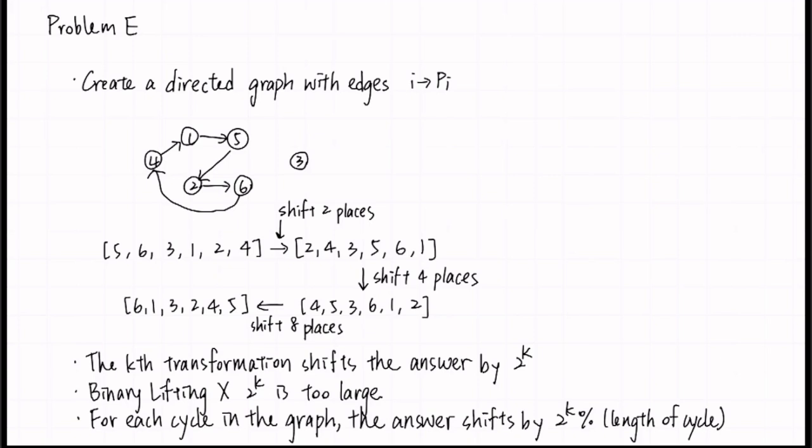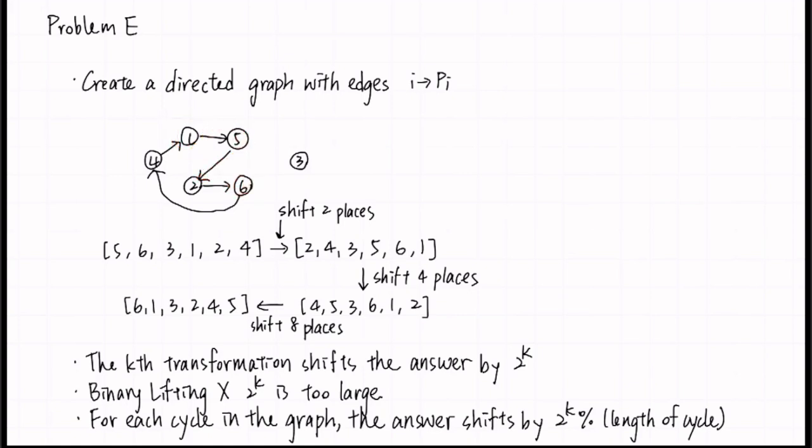So for example, for the third transformation, the graph would shift by 8 places. However, since the length of the cycle is just 5, this would be equal to just shifting 3 places. So for the first location, if we shift 3 places, it would become 6.